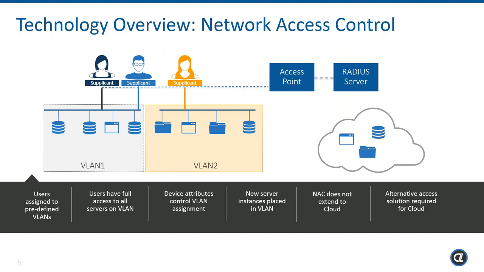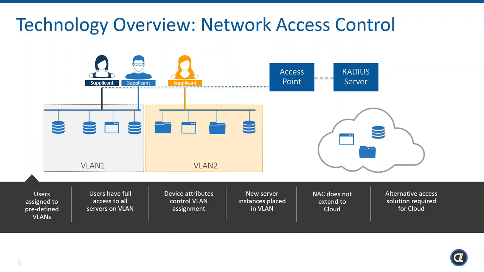Number two, when the user gets allowed to access the VLAN, they get full and complete access to everything on the VLAN. The reason is that the VLAN is enforced by a network switch that's either allowing or disallowing packets through to everything on the VLAN, but there's no filtering beyond that. When servers are created, they get assigned to a VLAN based on where they're physically located or what network switch they're attached to.